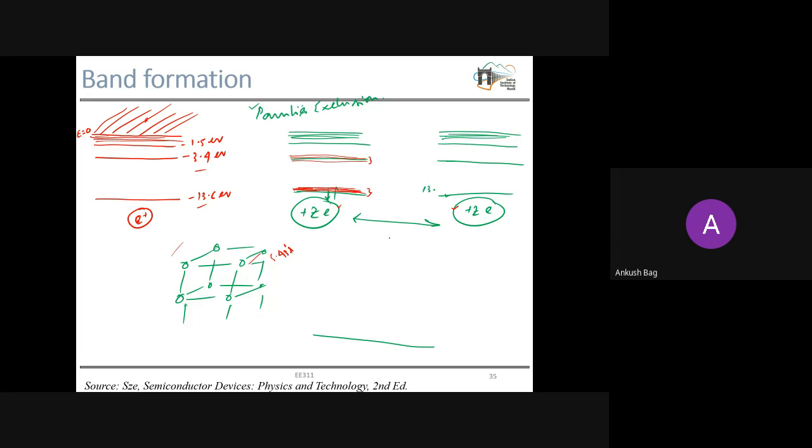Is there any particular distance between two atoms? The answer is that Pauli's exclusion principle is valid all the time, no matter how closely these atoms are interacting.